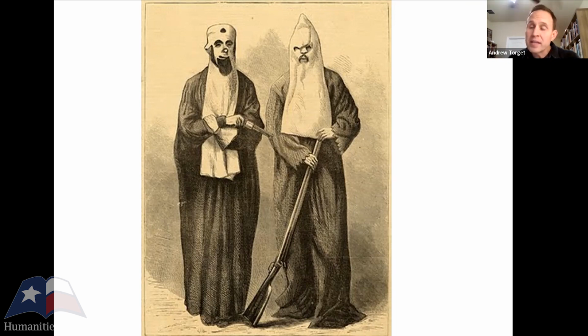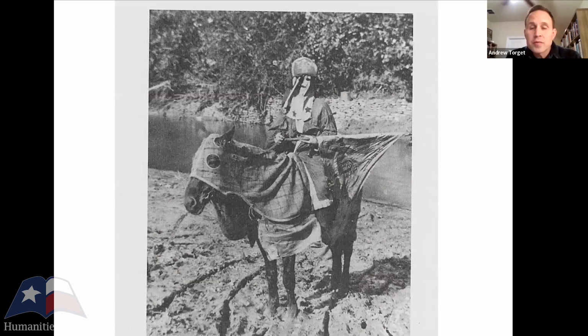So they're going to use violence and terrorism to try to drive the Republicans out. They'll use this violence against African Americans, but they'll also use it against whites who vote for the Republican Party. They're trying to drive out the Republicans in southern places like Texas. And here's an actual image of one of these guys dressed up in his bed sheets, sitting on the back of his horse.